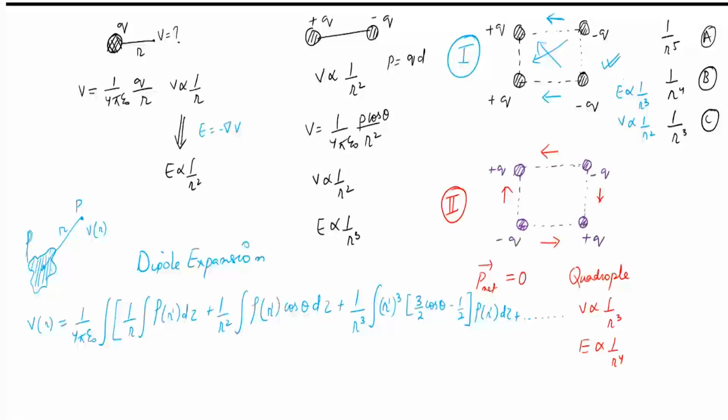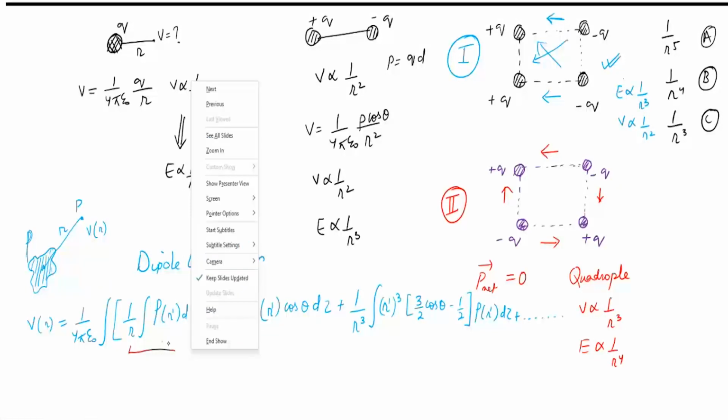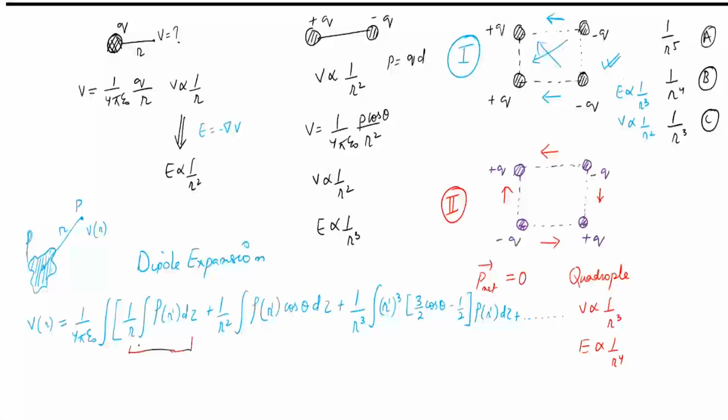Now, let us try to break it down. The first term is the contribution from the monopole. The second term is the dipole. And the third term is the quadrupole. I think I wrote the quadrupole spelling wrong.